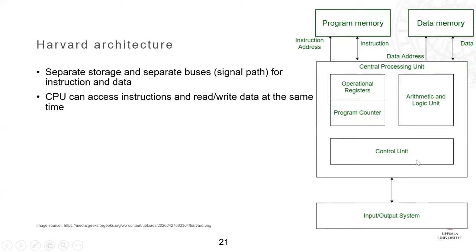We have a control unit, and we have some special memories that are faster than other memory in the computer, used inside the CPU. Modern CPUs also have these. These are called registers and program counter.